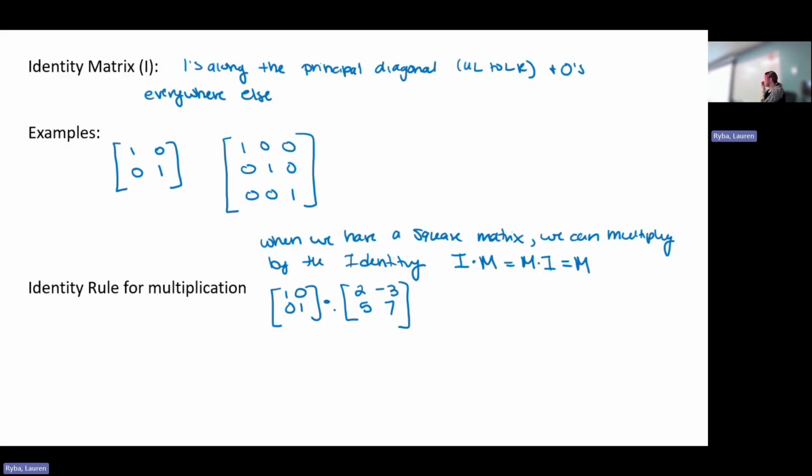Remember, we did the multiplication last week, so we took the first row times the first column to get the first row, first column value. So you're taking 1 times 2, 0 times 5. It's just giving me 1 times 2. So this doesn't change. When you multiply any matrix by the identity, the matrix stays exactly as it is.